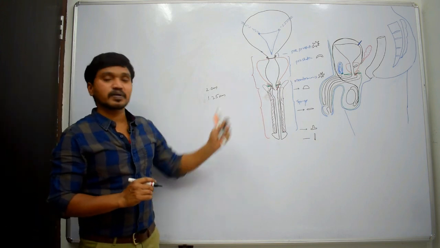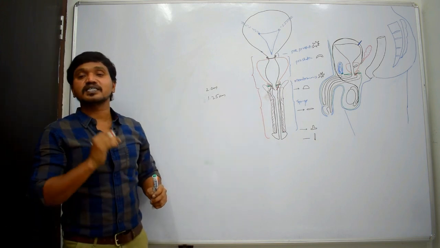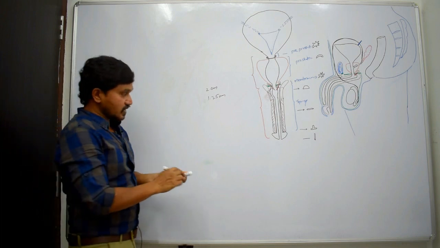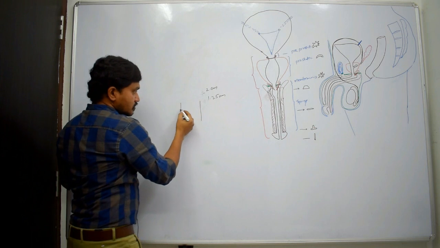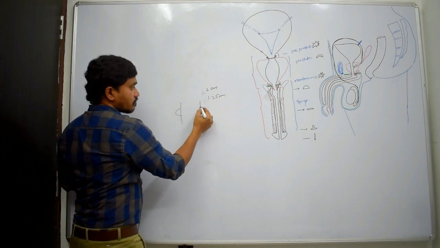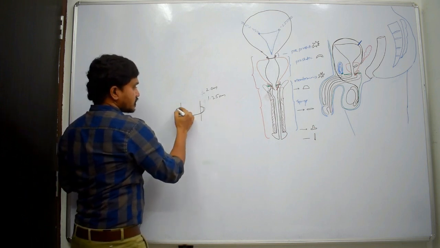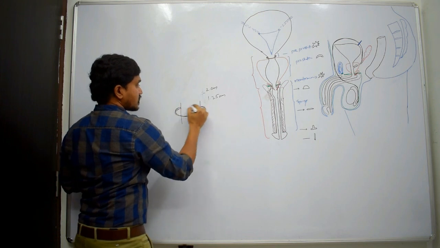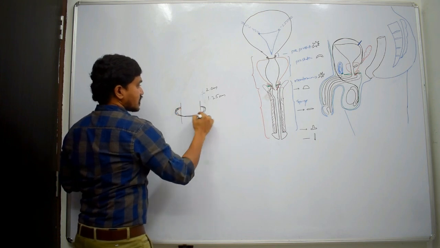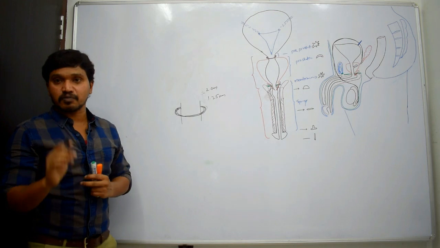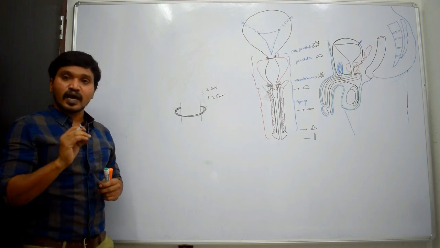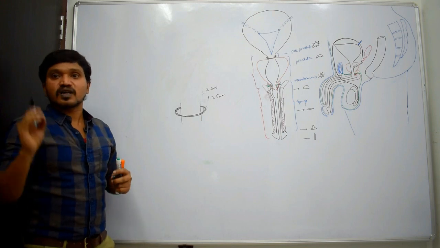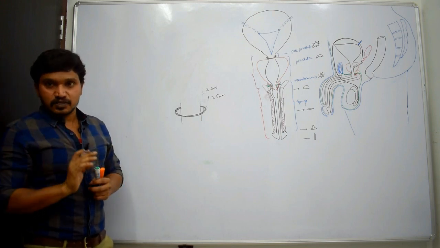Then this membranous urethra is surrounded by external urethral sphincter. If you take membranous urethra, this is membranous urethra. This membranous urethra is surrounded by sphincter. That sphincter what we are calling external urethral sphincter. This external urethral sphincter is formed by urethral smooth muscles, urethral striated muscles and pubo-urethral part of levator ani muscle.